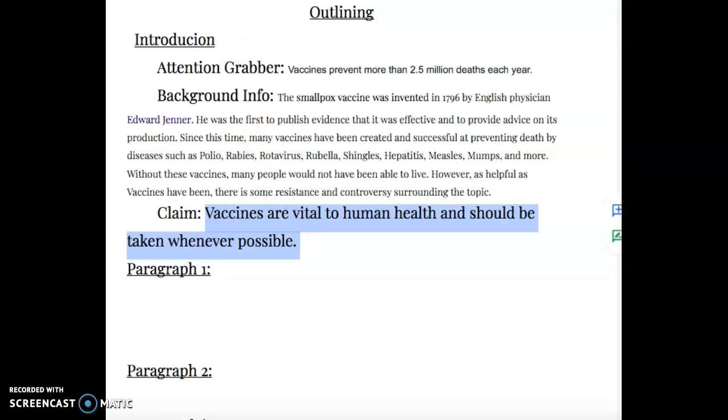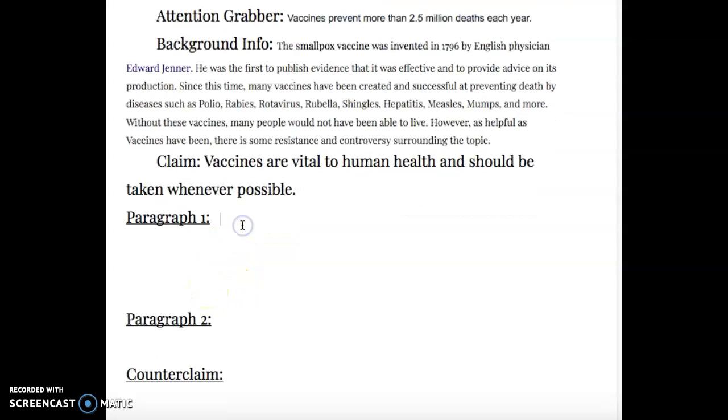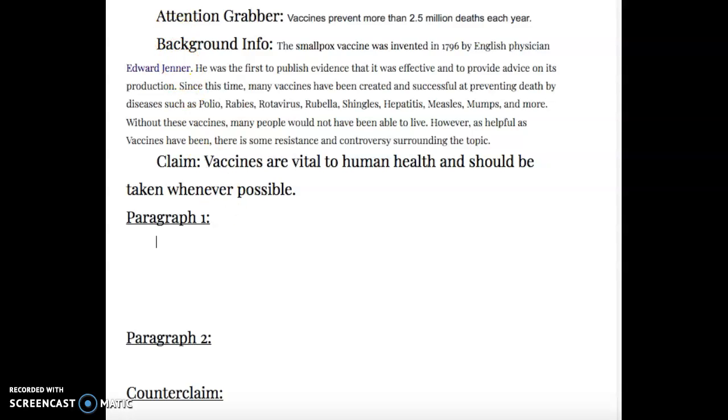The next part is that you're going to start looking at your paragraphs themselves. I think the thing that would probably be the most helpful would be if you start off with a topic sentence that relates back to your claim and that whole paragraph is going to be about.